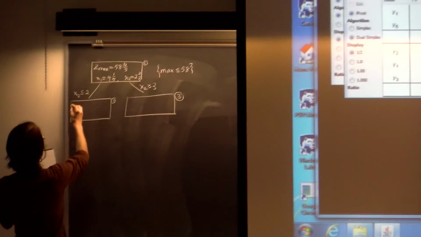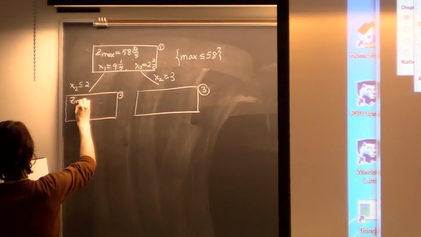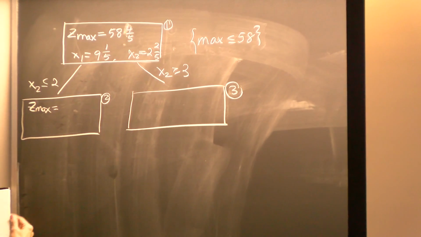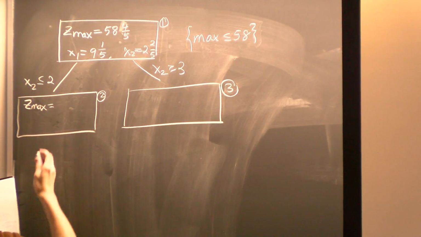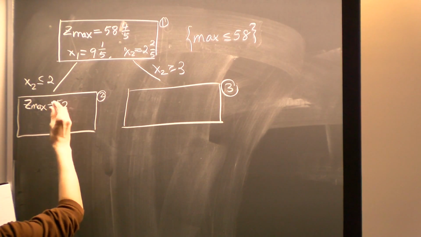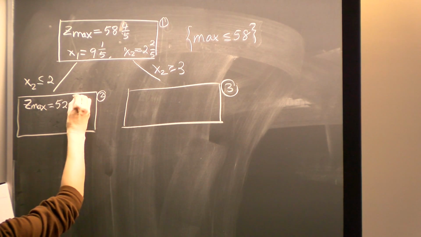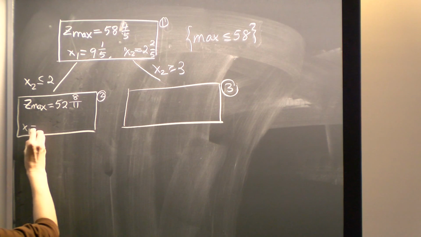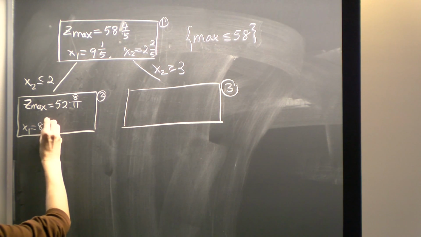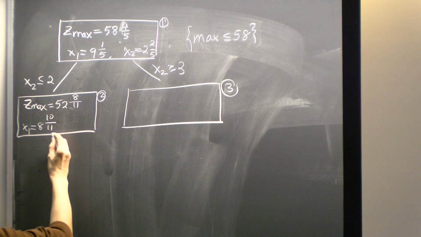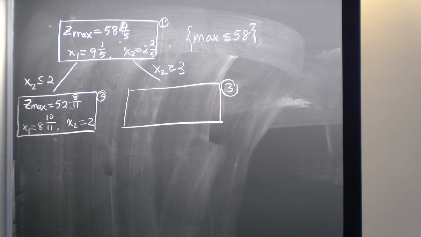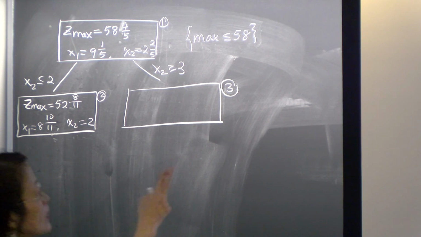If you write it out, if you can hit the calculator, that will be 52 point something. It's 8/11. If you do that, and x1 is 8 10/11, x2 is 2. Okay? That's what this says, right?